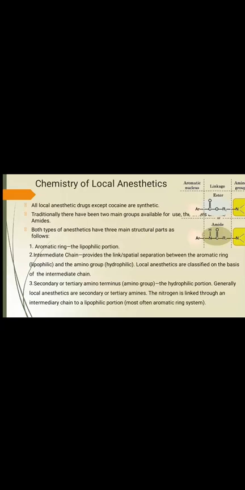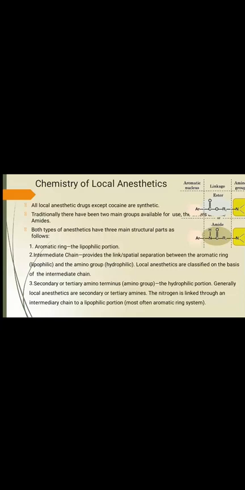Next part is the chemistry of local anesthetics. In a diagram we are able to see the two types of functional groupings present in a local anesthetic. Structurally it consists of an aromatic nucleus and an amino group.